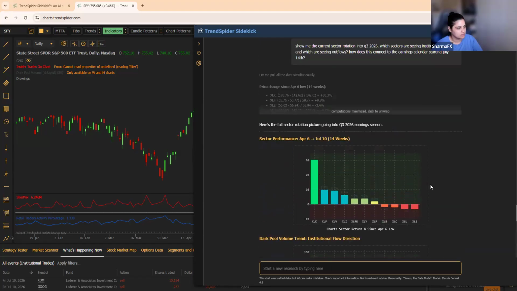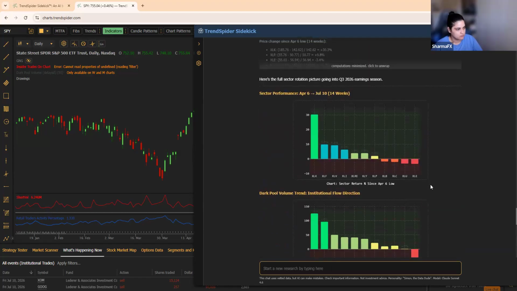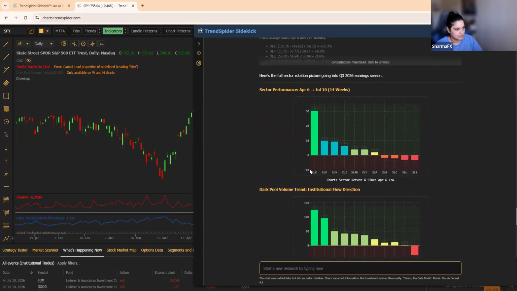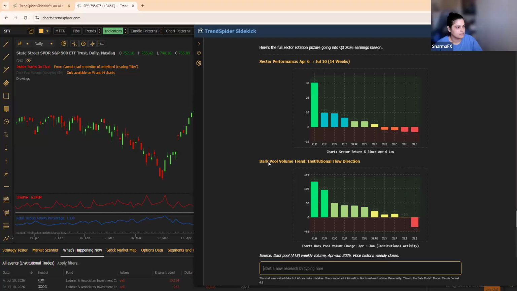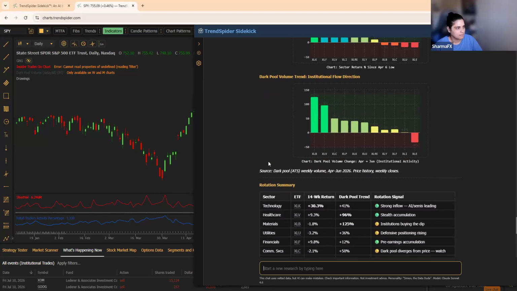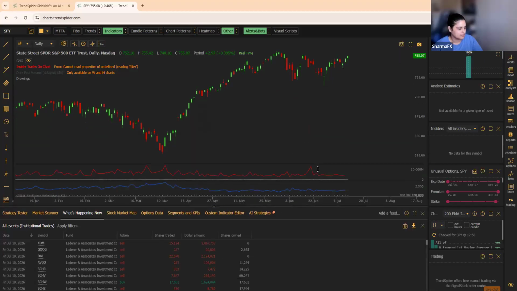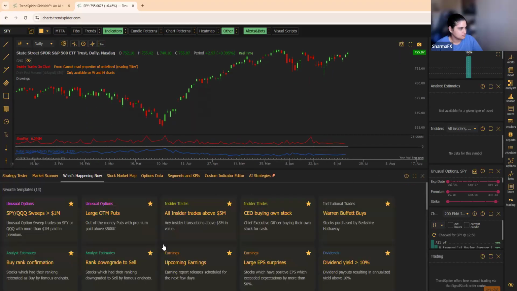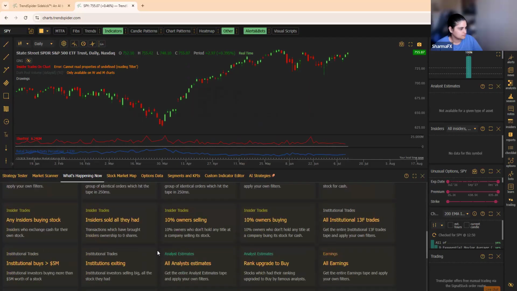All right, so we got our response here. We have our sector performance, and it seems like XLK is the ETF for tech. So we're seeing that has the best performance so far. Institutional flow direction. Matter of fact, if you wanted to look at that yourself, come down here.